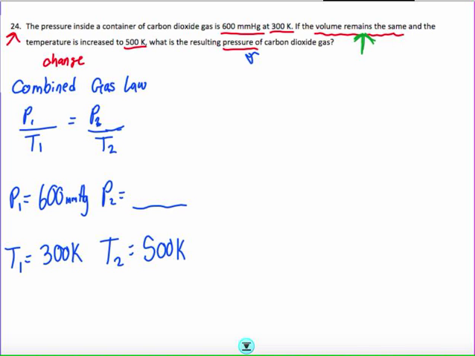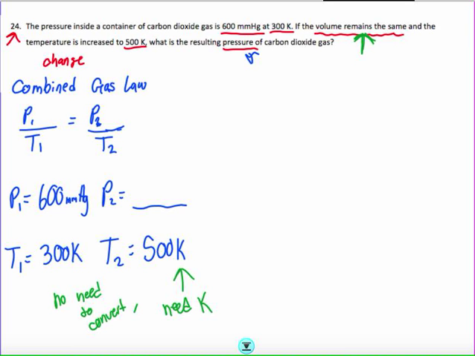It doesn't specify a unit, so we do not have to convert. The only time you'll have to convert in a combined gas law problem is when you're converting to Kelvin. You need Kelvin. But the pressure, it doesn't really matter which units it's in.